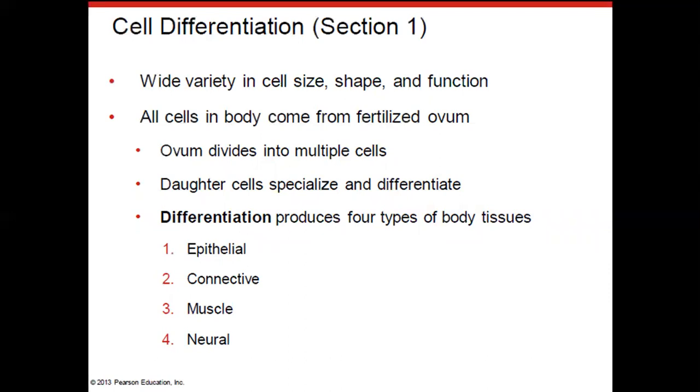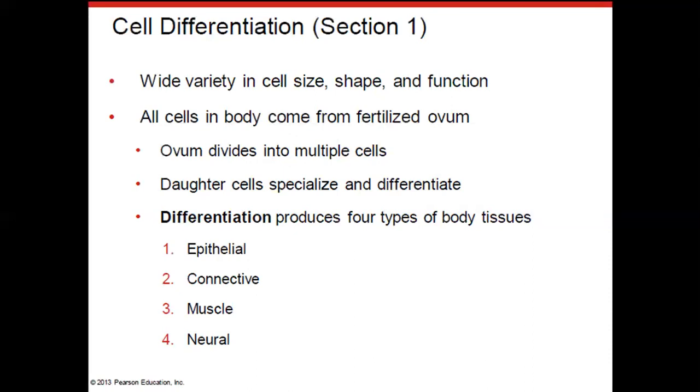And all cells in the body came from a fertilized ovum or egg from mom. That ovum that has been fertilized by a sperm divides into multiple cells. As those cells divide and create new cells called daughter cells, they specialize and change. That specialization and changing is called differentiation.